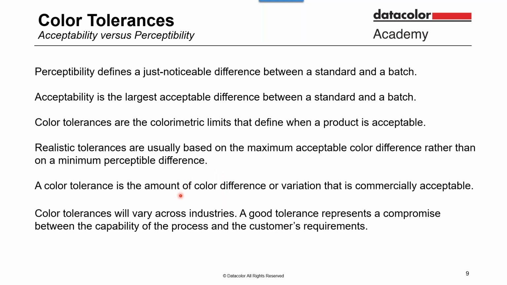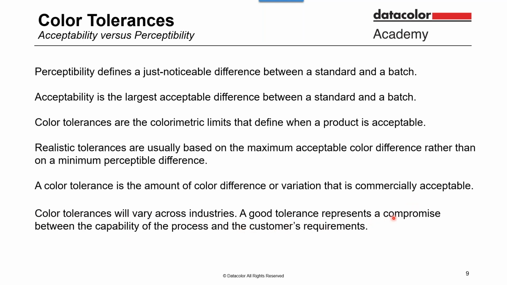A color tolerance is the amount of color difference or variation that is commercially acceptable. Again, a key statement: what is commercially acceptable? A lot of times we use the term a commercial match, or a good enough commercial match. You have to come up with that number between a supplier and a vendor. Color tolerances will vary across industries.